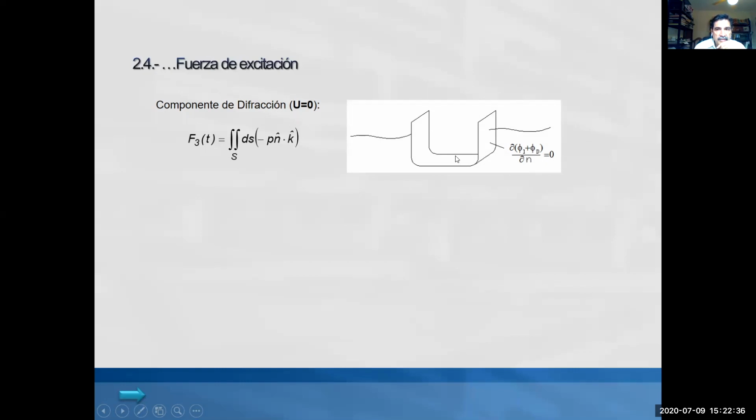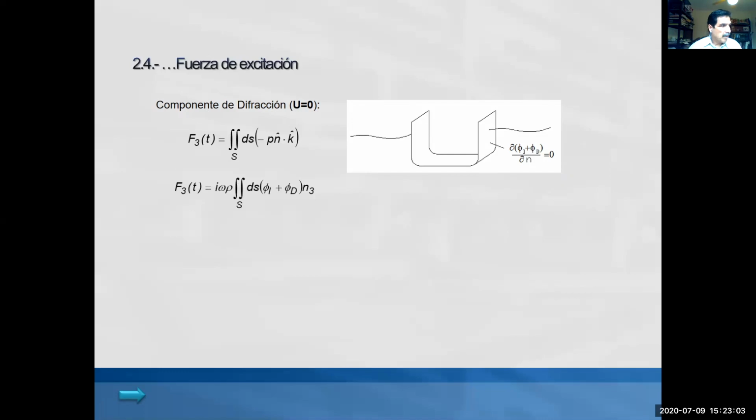So if this is fixed, that means that the component of the fluid velocity in contact with the hull surface cannot have a component in the normal direction. Okay, if this component were not equal to zero, that means that the fluid will pass through the hull surface, and that's not possible.